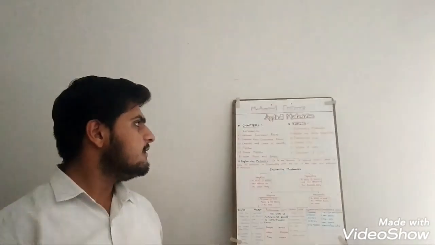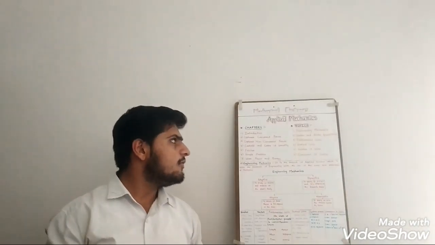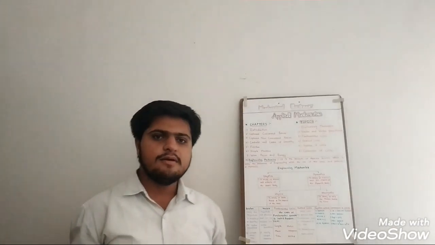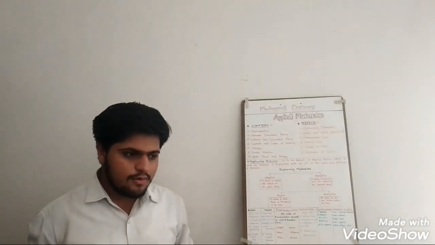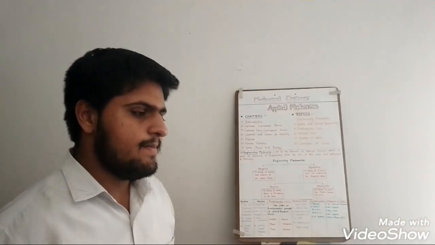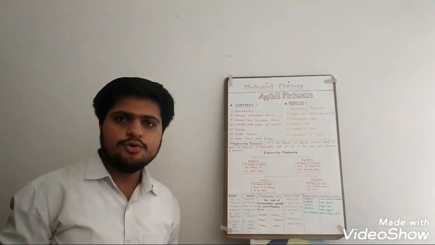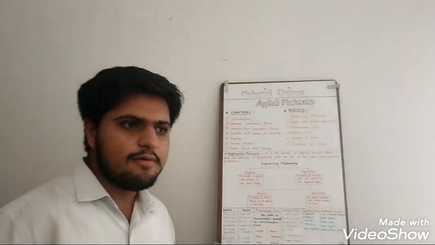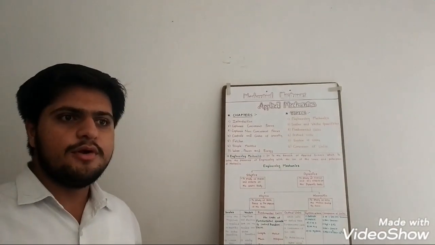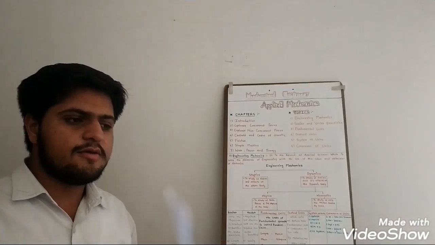After that, the second topic of this introduction part is scalar quantity and vector quantity. So what is scalar quantity? When only the magnitude is required to describe the quantity, it is called a scalar quantity.